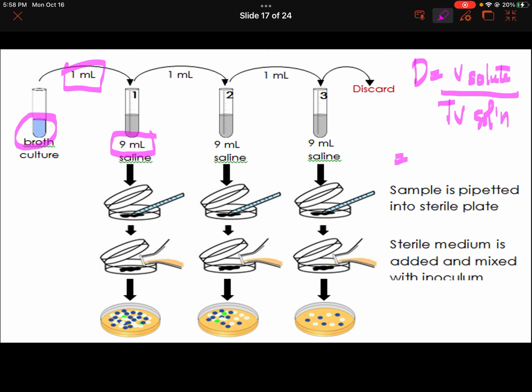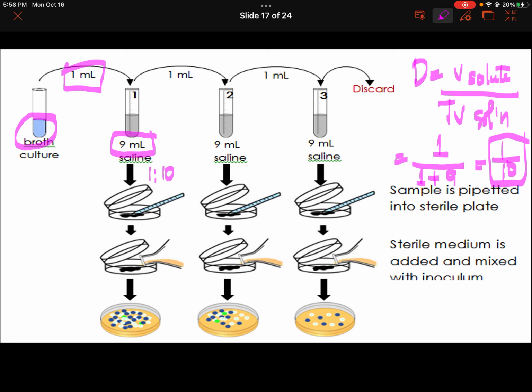That means volume of solute, which is 1, over the volume of solute plus the volume of the solvent, in this case the saline. So you have 1 over 10 dilution. So 1 is to 10. Meaning the first tube will have 1 is to 10 dilution.